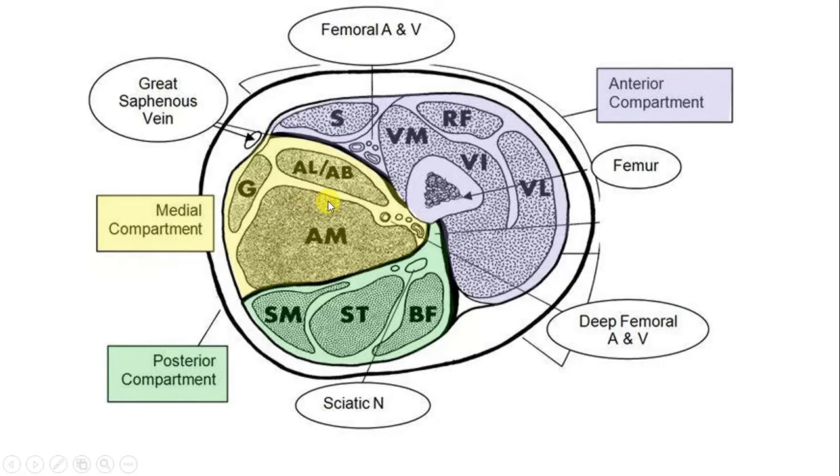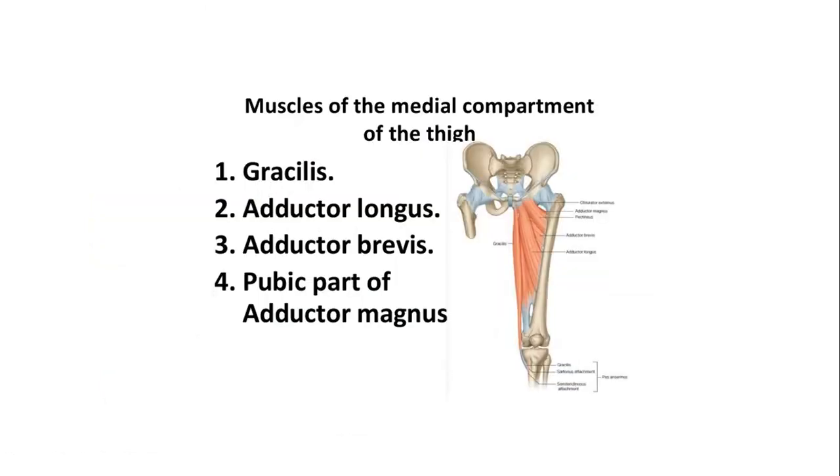So before we start the details of the medial compartment and talk about its muscles, if you are sitting on a chair, you can feel the medial compartment of your thigh with your hands, rolling the hand over the medial side of the thigh. Here are the muscles: Gracilis, Adductor Longus, Adductor Brevis, and the pubic part of Adductor Magnus.